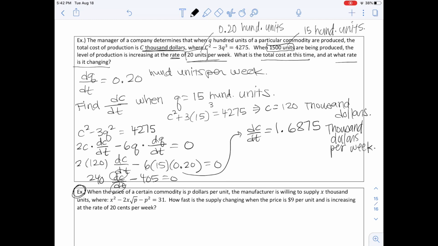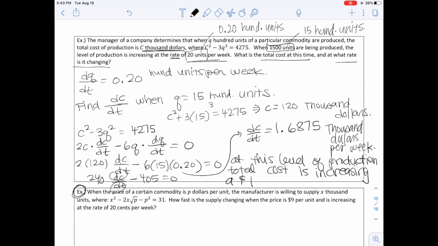So at this level of production, total cost is increasing at $1,687.50 per week.